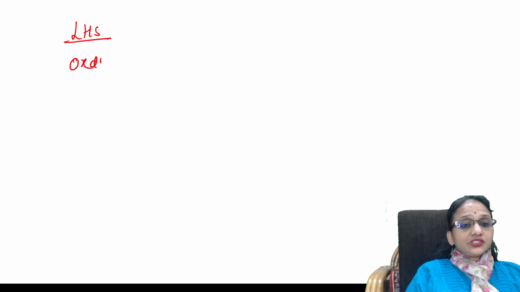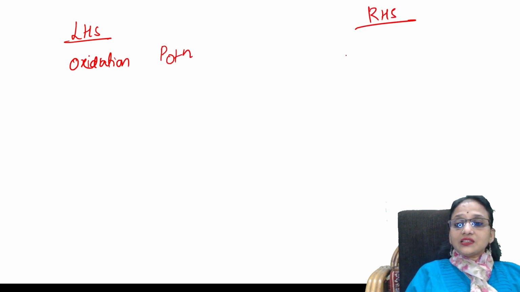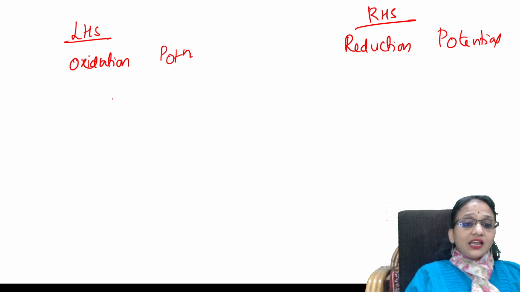Okay. Let us first understand the concept and write. First of all, let me make my LHS side oxidation potential. Then RHS I'll make as reduction potential. Now, LHS side, what happened?